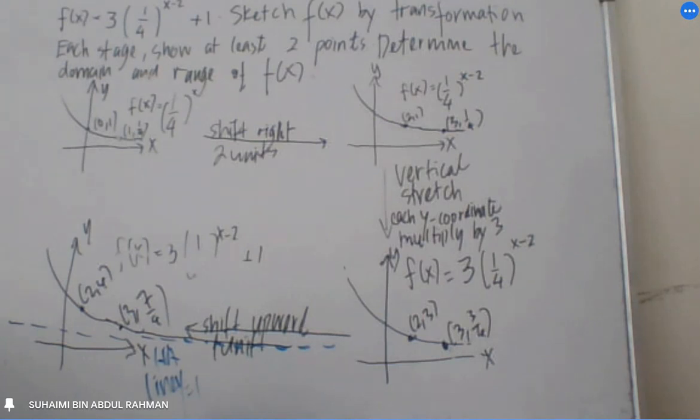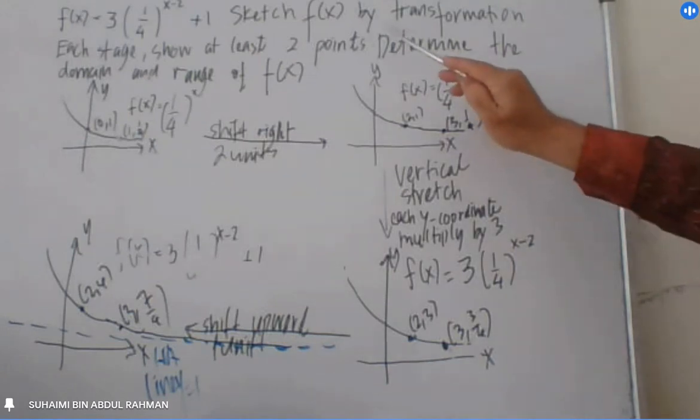It can approach, it can go close, but cannot touch. That is the concept of asymptotes, right?